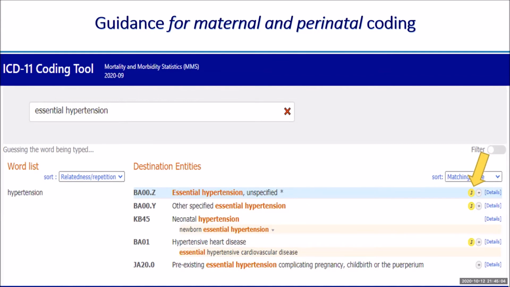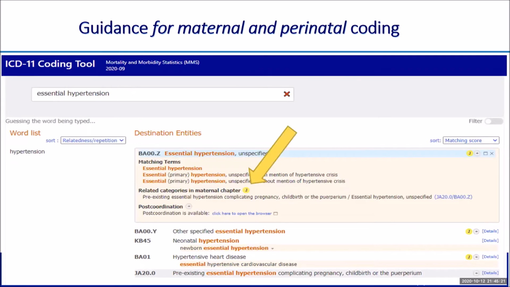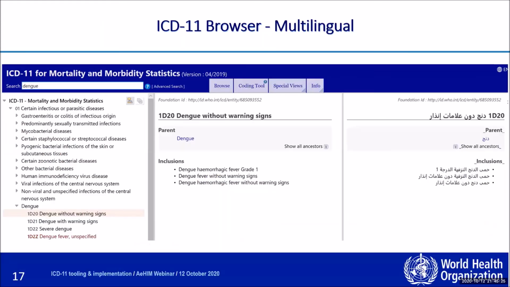This is now covered by having this kind of flag indicated here, so that the coder has a kind of warning and is reminded that if you encounter this, please keep in mind that it's a different code in case it is related to a maternal case, and the same will be for perinatal conditions.